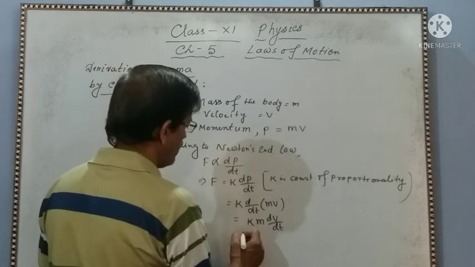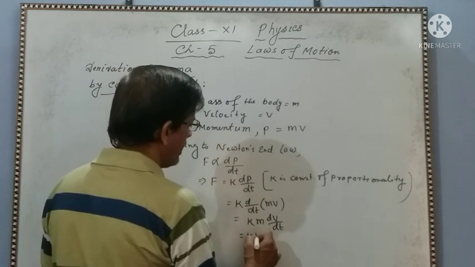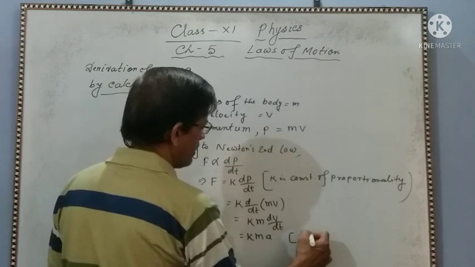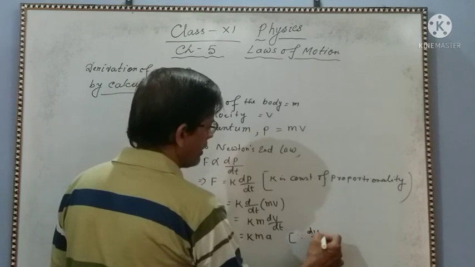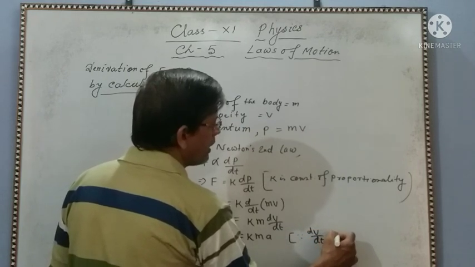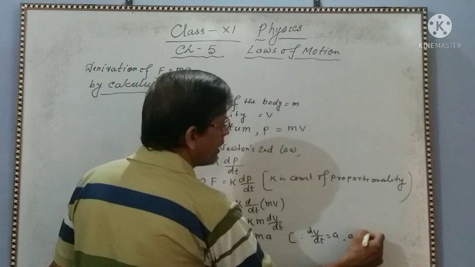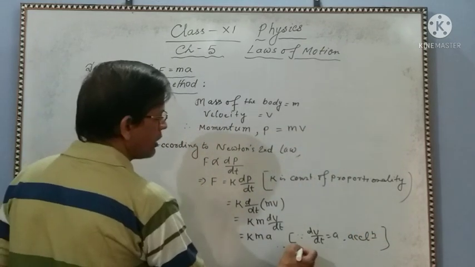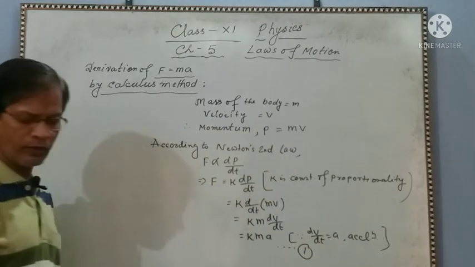So F equal to k m a, where a is the acceleration of the body. So this is equation 1.